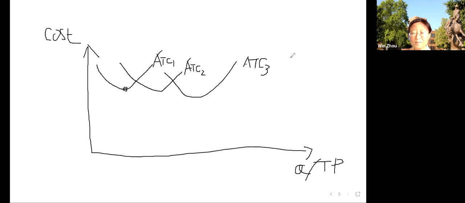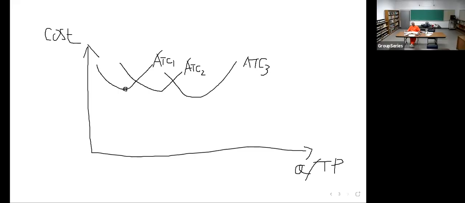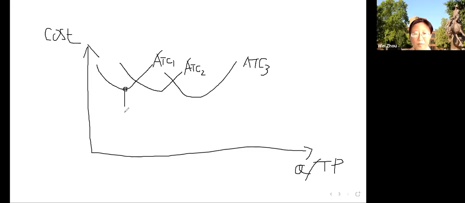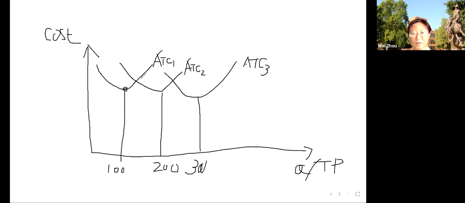Are you with me? Yes. Okay, why does it keep going this way? Because opening one bakery shop, maybe this is 100 bread. Open two, probably I can have 200 bread. Open three, then definitely I can produce more, right? So the average total cost is going to move to this side.